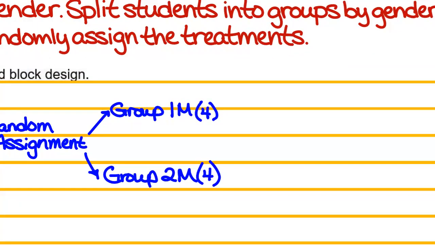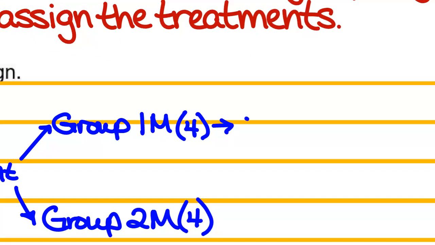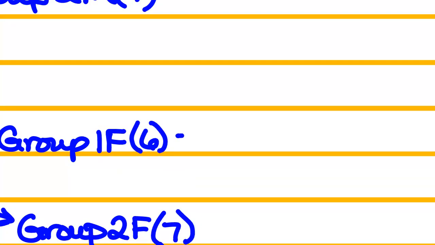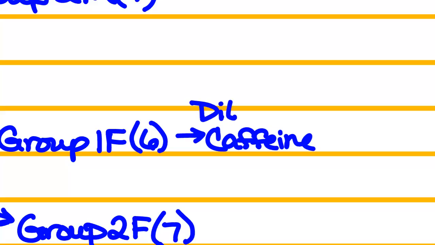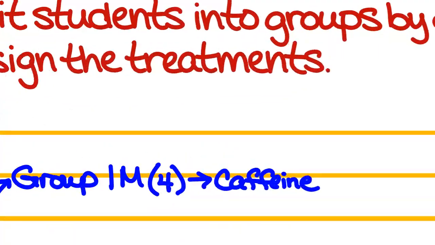What do group 1M and 1F do? They get the caffeine, sounds good. We get to decide whether that's caffeine or no caffeine. Diet Coke with caffeine.